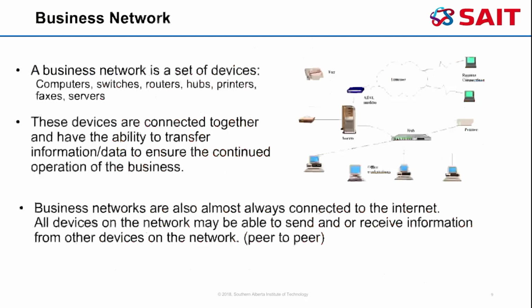So if you think of an Ethernet switch in a business network, most likely it could be found almost anywhere, like Best Buy or Memory Express or any of those suppliers.